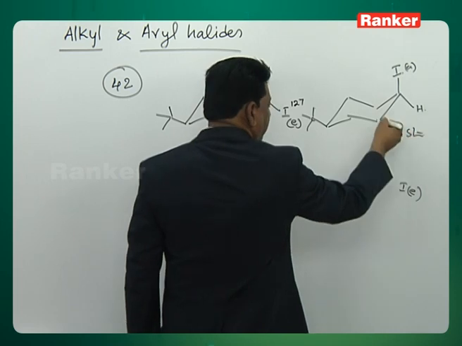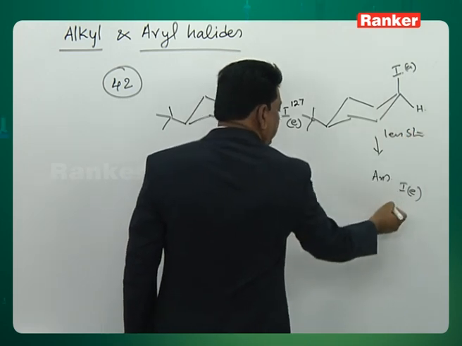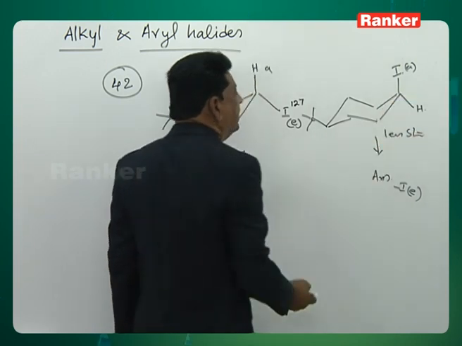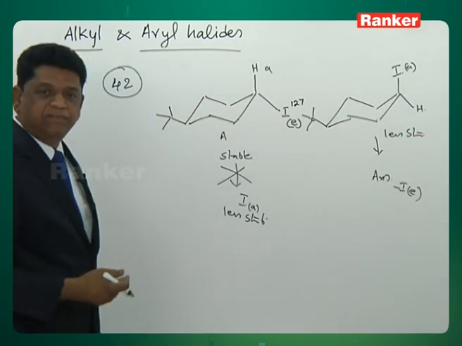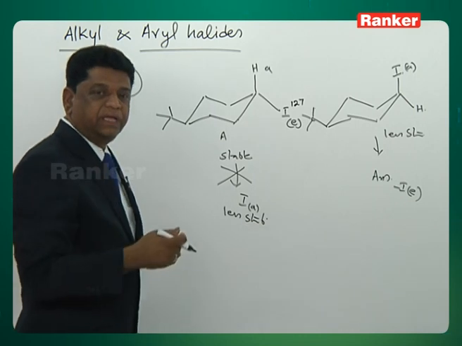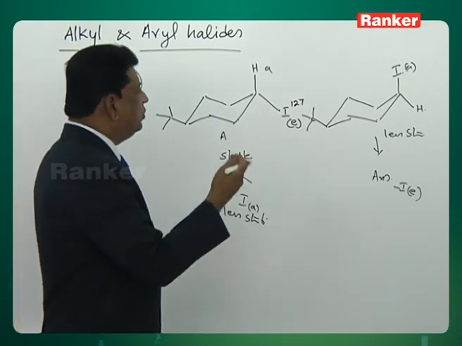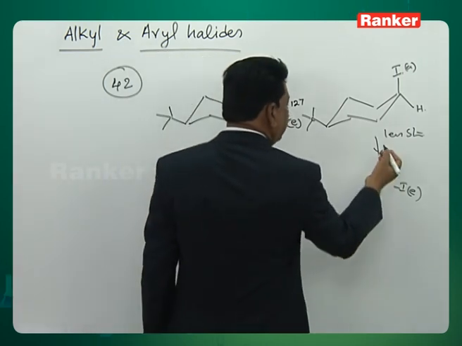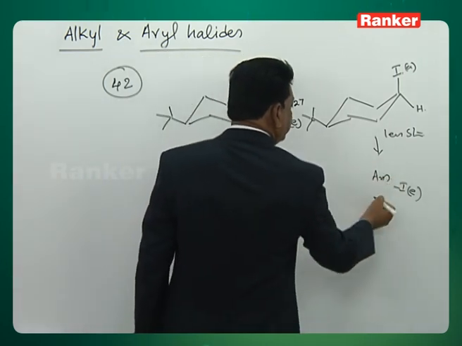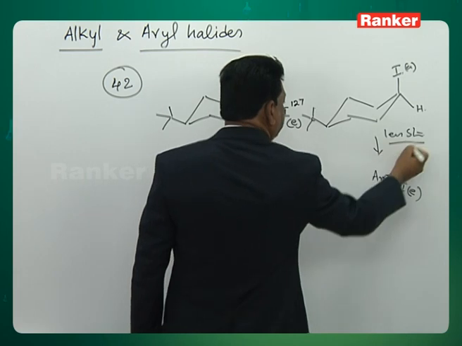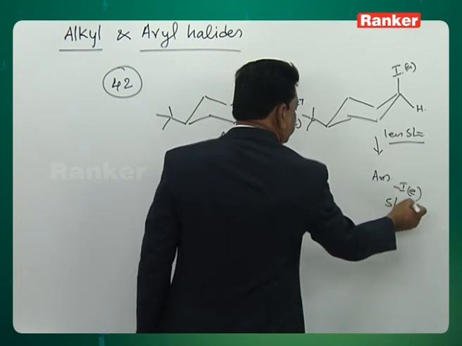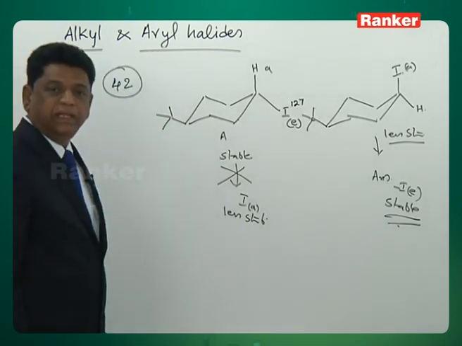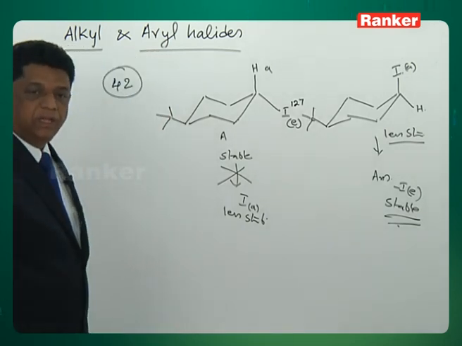The less stable axial will react to give the more stable equatorial; the iodine becomes equatorial. In an SN2 reaction, 100% inversion takes place. But in an SN1 reaction, the reaction goes through a carbocation. So the final answer will have a stable product; the less stable will become the stable product. So the second compound, B, will undergo the fast reaction.